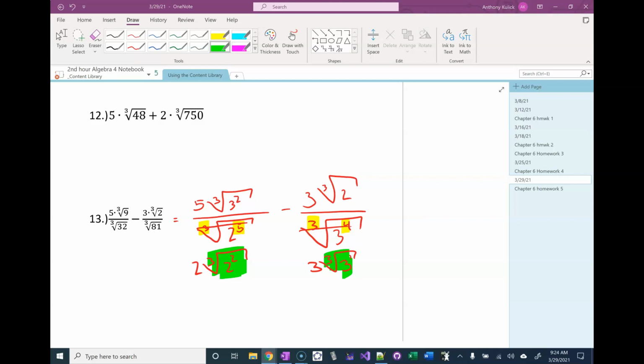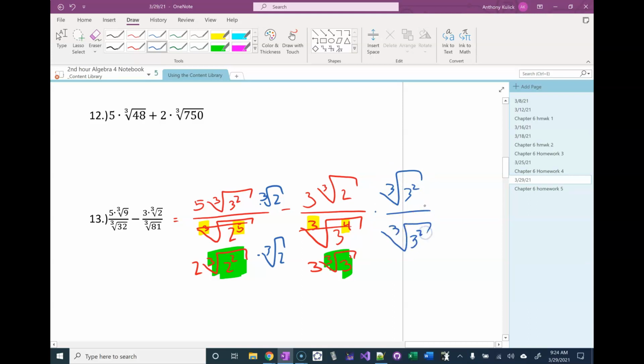In the first fraction, I'm going to need one more 2 to get cube root of 2 to the third. And in the second fraction, I'm going to need 2 more 3s to get cube root 3 to the third. Does that feel okay? Yeah. Okay.